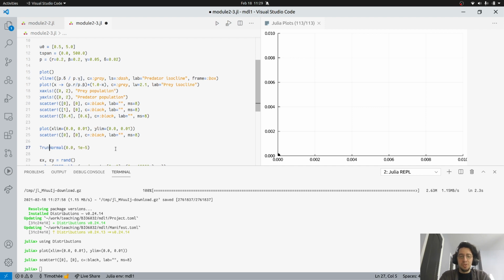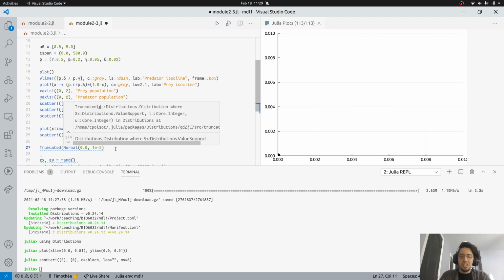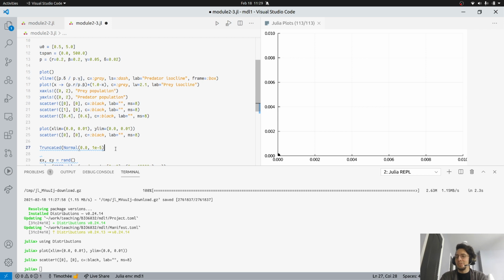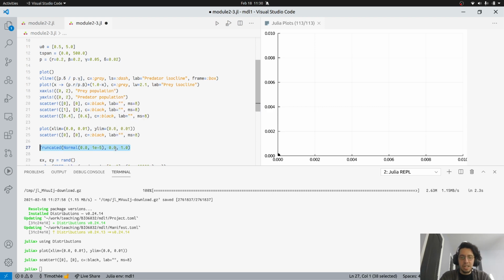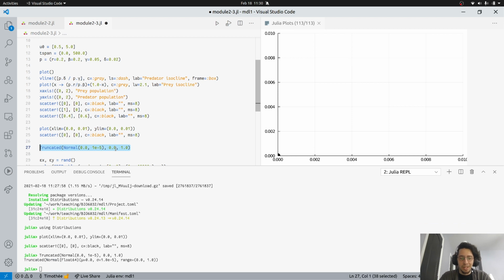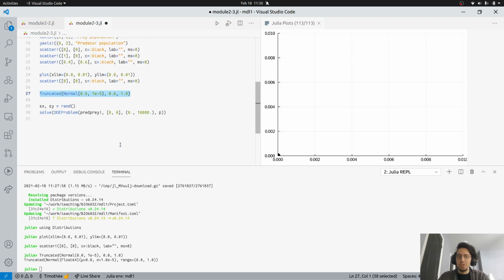And we are going to make sure, because we are looking at the 0, 0 equilibrium, and it doesn't really make sense to have negative values, that it's truncated. So it can be from 0 to 1, right? We're never going to apply a perturbation that is 1 because the standard deviation is so small, but we know that it's at least going to be positive.